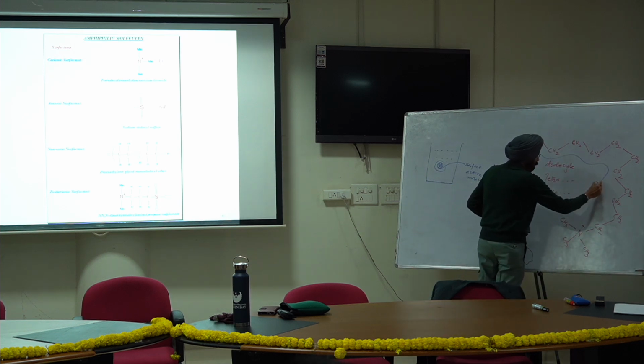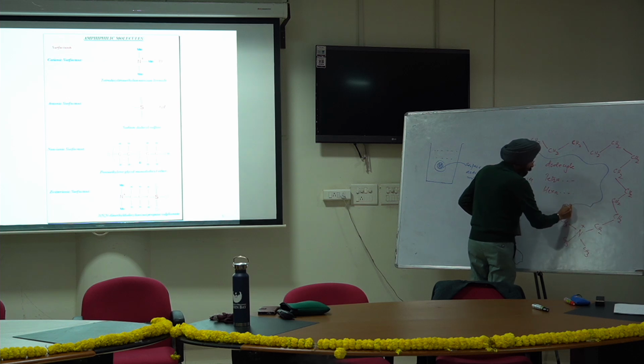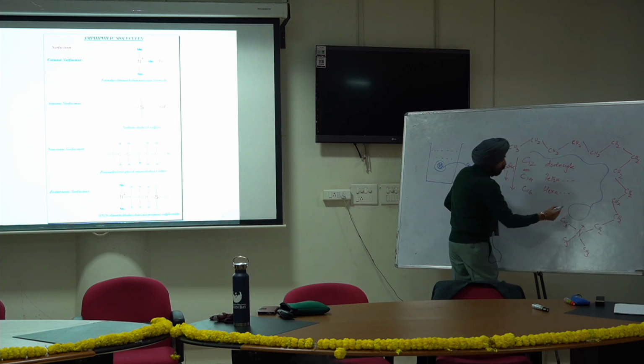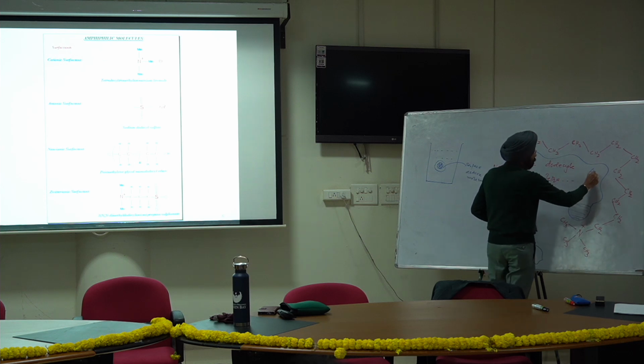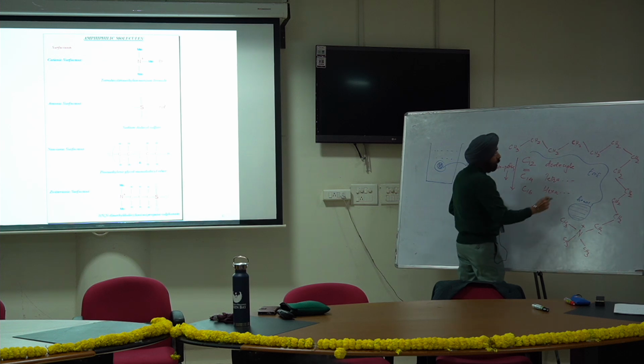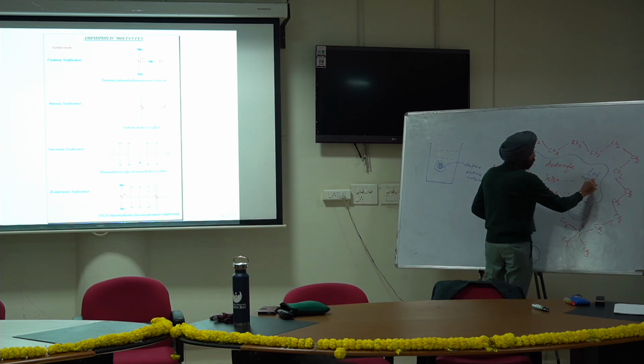If I'm showing the tail over here, the polar part is the head. So this is the polar part, you see. So it is the tail and head. So the tail is nonpolar and the head is polar.